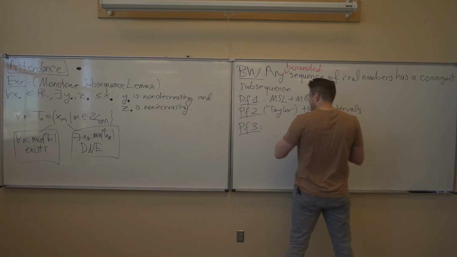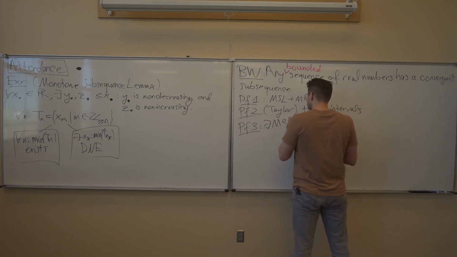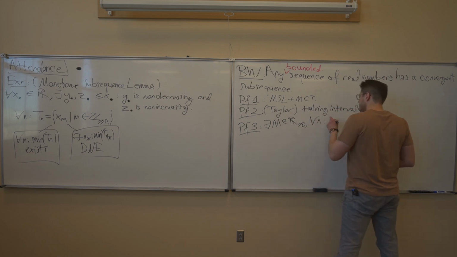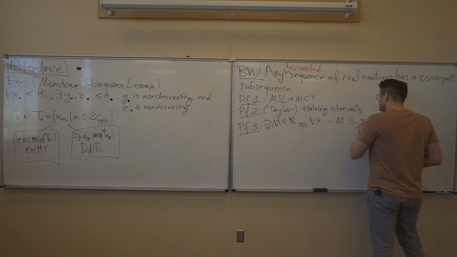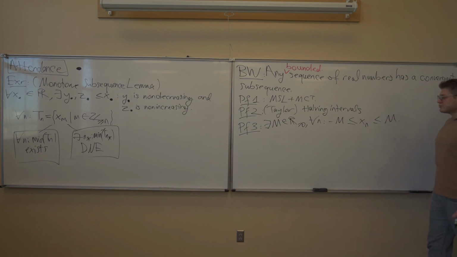Because my sequence is bounded, I know that there is some number m such that for any n, x sub n is bounded from below by minus m and from above by plus m. This is the same thing as saying that the absolute value of x sub n is bounded from above by m, of course.